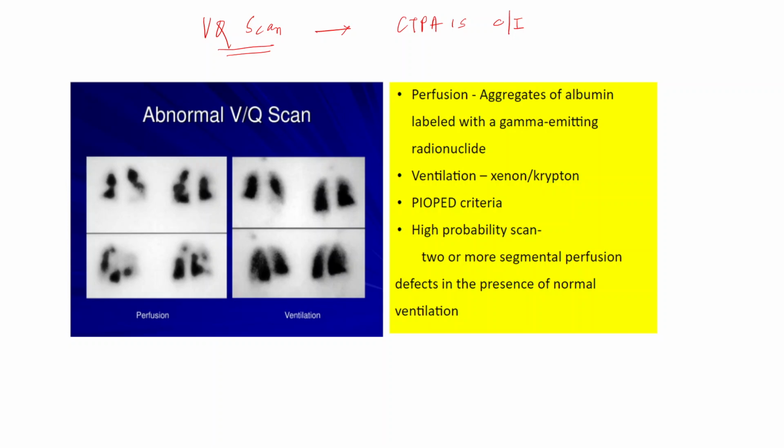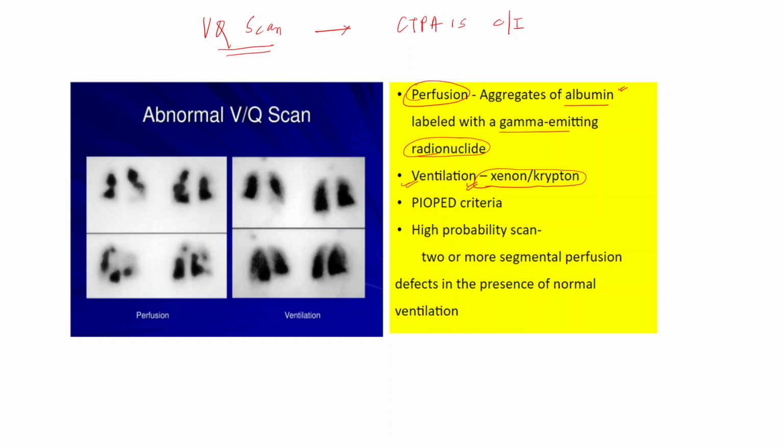In this, we check the ventilation through inactive isotopes, that is xenon and krypton, and the perfusion is assessed through albumin labeled with a gamma emitting radionucleotide. These radionucleotide albumins are infused into the blood, and with the help of that we see the perfusion. At the same time, we assess the ventilation.